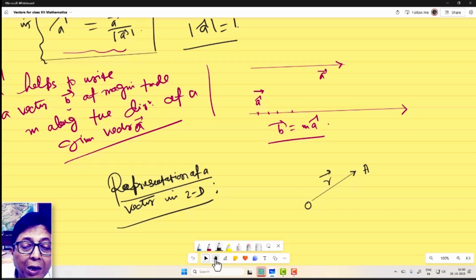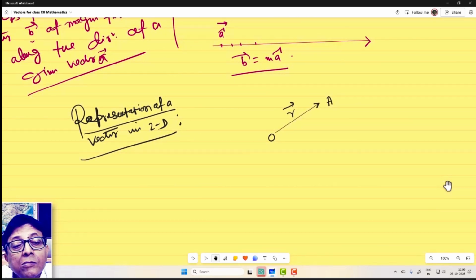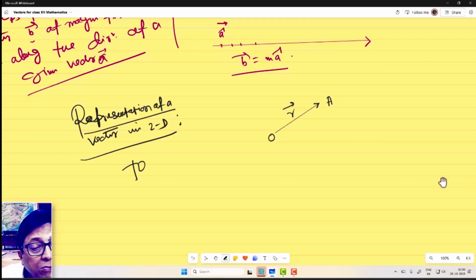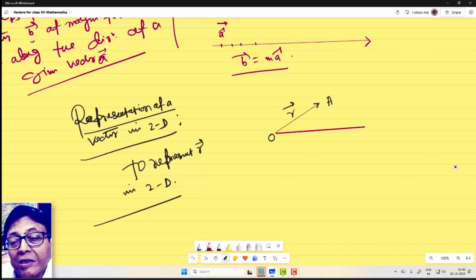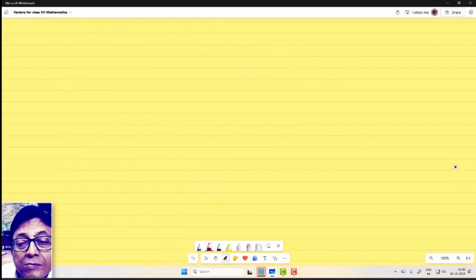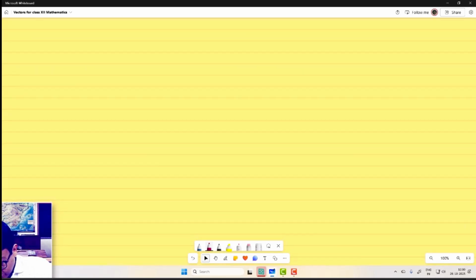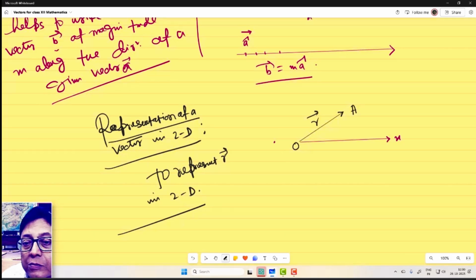So, OA equal to R is a given vector. We want to represent R in 2D. How to? What we will do there, you draw a coordinate axis through the tail of the vector. This is your x-axis and this is the y-axis.